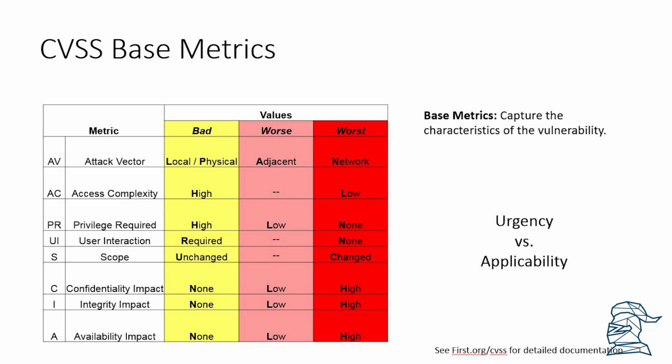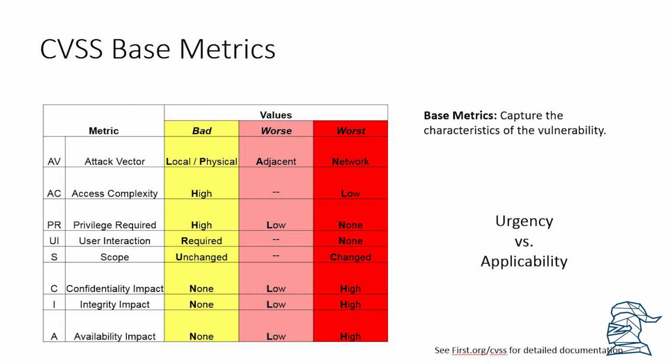On the next slide, you'll see an example of CVSS base metrics. CVSS stands for Common Vulnerability Scoring System. The best place to look for the information is at first.org/CVSS.